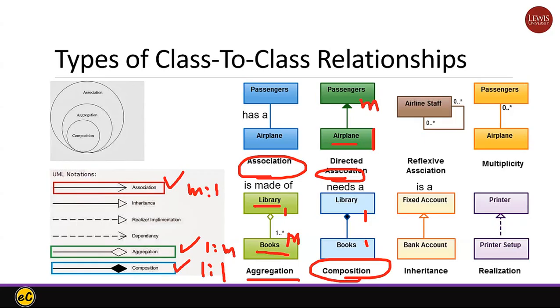Okay. And then there are different symbols, solid triangle, okay, diamond, okay. But usually this kind of association, sometimes you can only use a single arrow to represent it, okay?